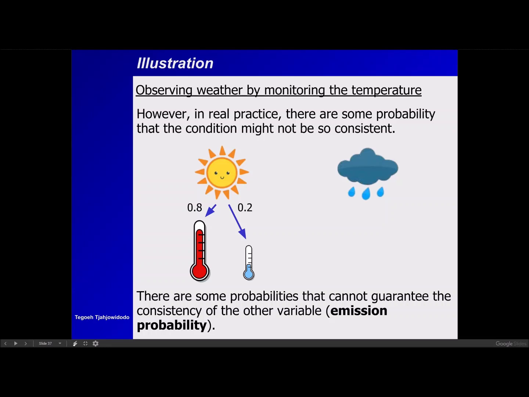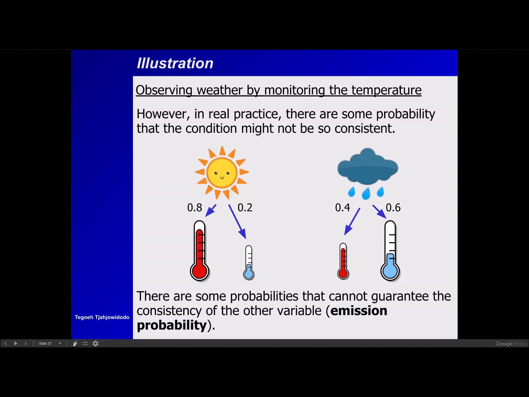As well as when the weather is rainy, all I can say is there is a chance of 40% that the temperature is warm, where another 60% the temperature will be cold. So higher probability of cold temperature when it is rainy. That makes sense.